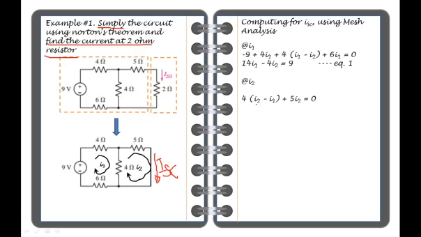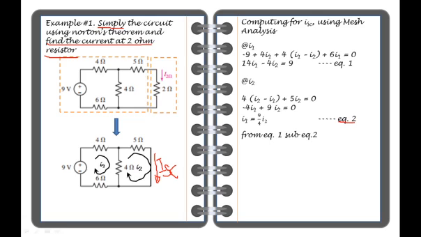So the equation goes 4 times (I2 - I1) plus 5I2 equal to 0, since there are no sources present on this loop. Simplifying leads us to negative 4I1 plus 9I2 equal to 0. Then we're going to simplify more, so it shows that I1 is equal to 9 over 4 I2, and we're going to call it equation number 2.